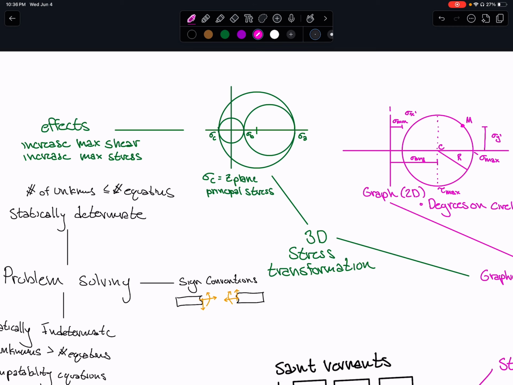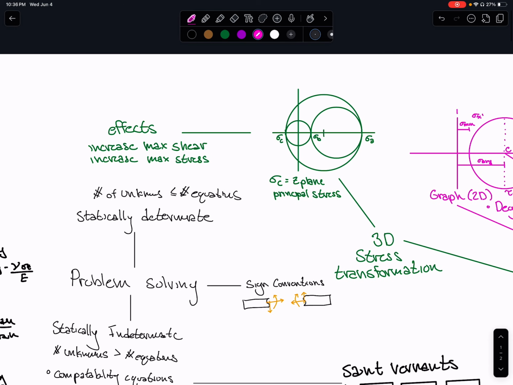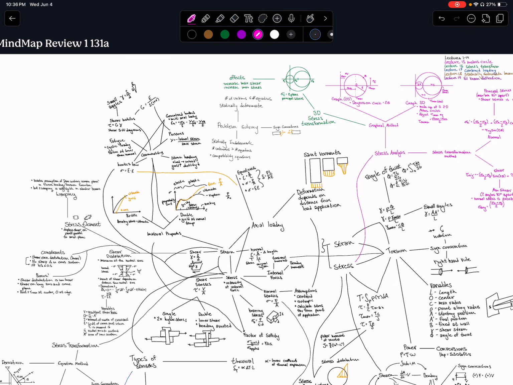For our analysis so far, the z-plane was not accompanied by a shear, so there was still only a single shear, and in that direction, the Z stress was a principal stress. So looking at a 3D element and considering the Z plane can lead to an increase in max shear and an increase in max stress.